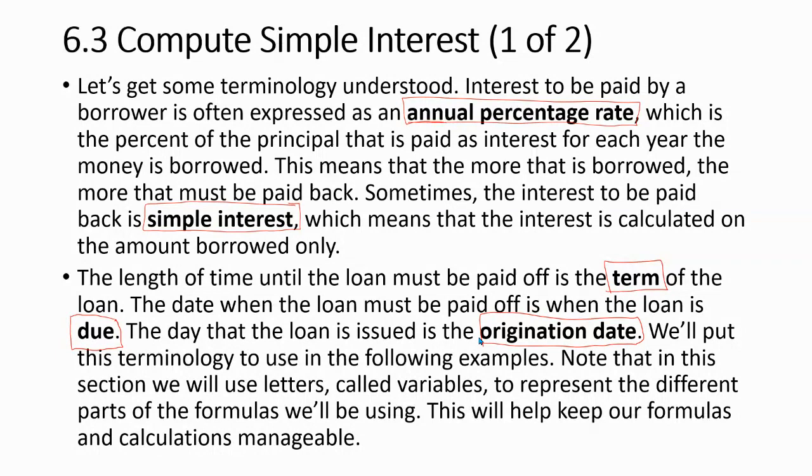Now, when we get into some larger situations, as in mortgages, those kind of things take some time to actually get everything lined up just right. So the origination date might not be the same day that you actually started working on the mortgage and getting it set up. So sometimes those days can change a little bit.